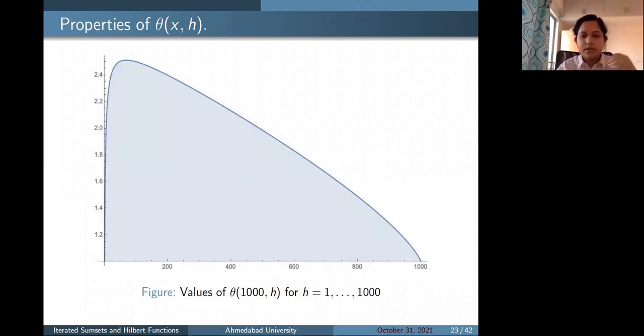If you see, I'm drawing this theta for a particular value of x. So I'm taking x to be equal to 1000, and I'm varying my h from 1 to 1000. Then one will find that its value varies like that. It's first increasing.